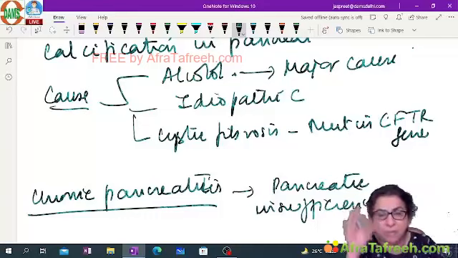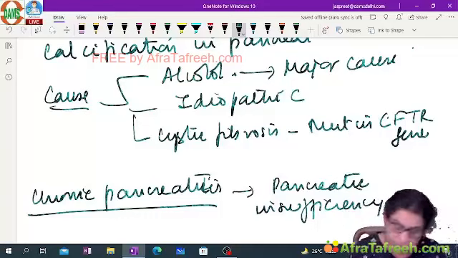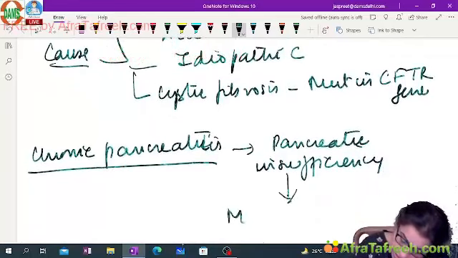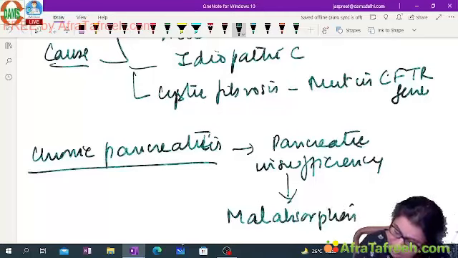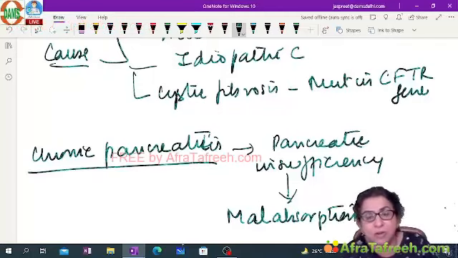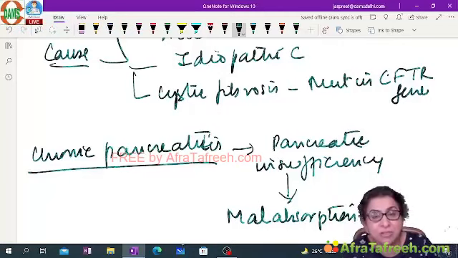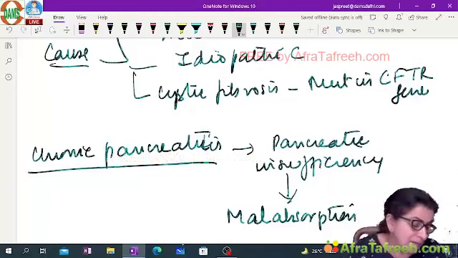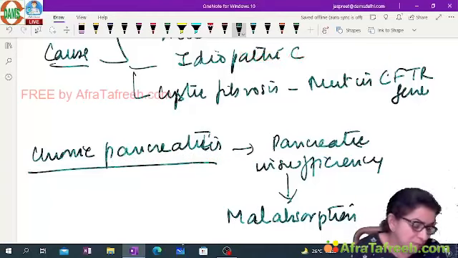The exocrine pancreas is not producing enzymes. Pancreatic insufficiency leads to malabsorption. Pancreatic enzymes are needed for digestion and absorption of food in the small intestine, so if the exocrine pancreas is not producing enzymes, the patient will have malabsorption.